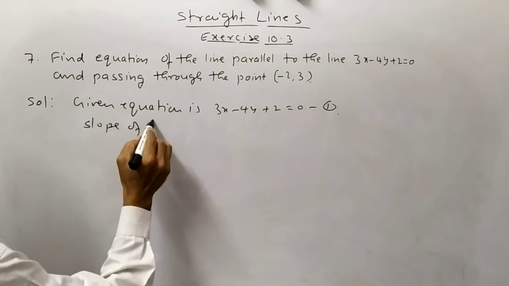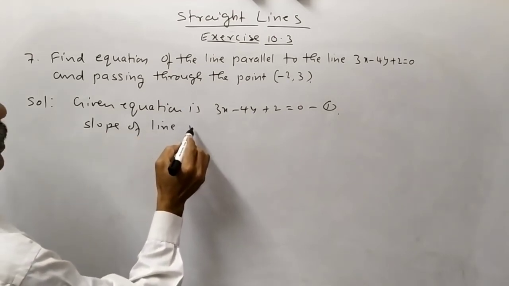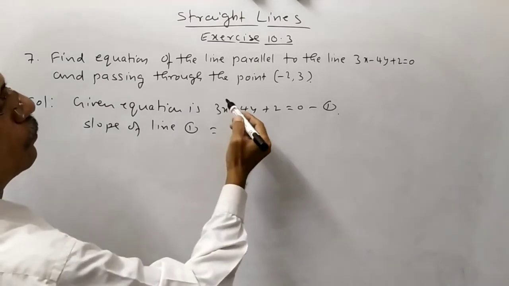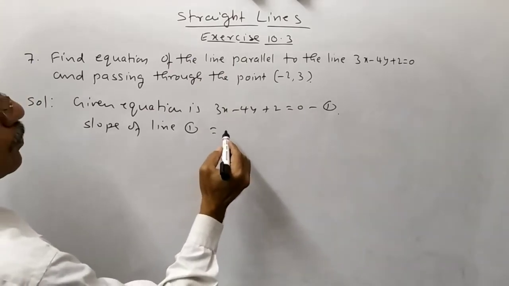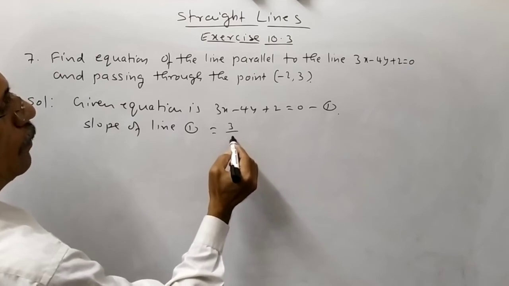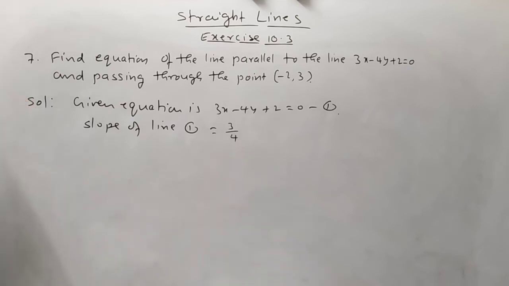Slope of line 1 is equal to, 4y you can send that side, you will get 3 by 4. Or if equation is in the form of ax plus by plus c is equal to 0, then slope of that equation will be minus a by b.